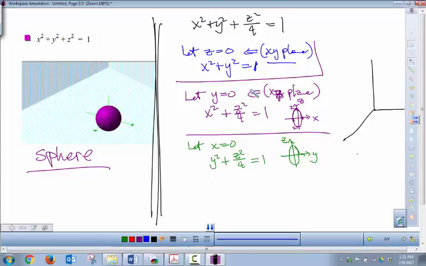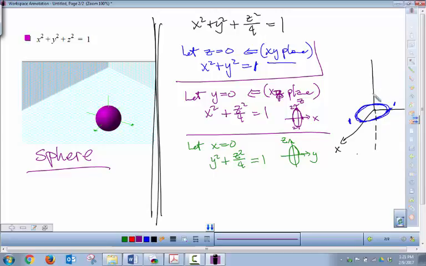Let's start with this on the xy plane. This is a circle on the xy plane, so let's draw a circle with radius 1. Now, on the xz plane, that would be my purple graph.